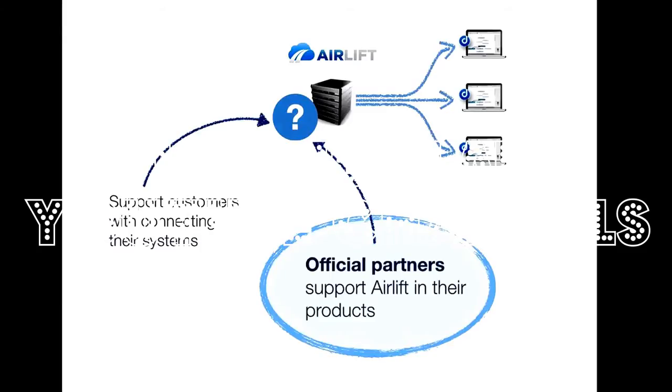UX Suite is specialized in data collection. They instrument embedded systems, but also websites, and make it possible for you to analyze, for example, customer journeys on websites in a very easy way. You will hear much more about these launching partners in the coming days. We will show you in detail how the integration works and what the benefits are of using these products together. But for now, let's take a first look at Airlift in a demo.